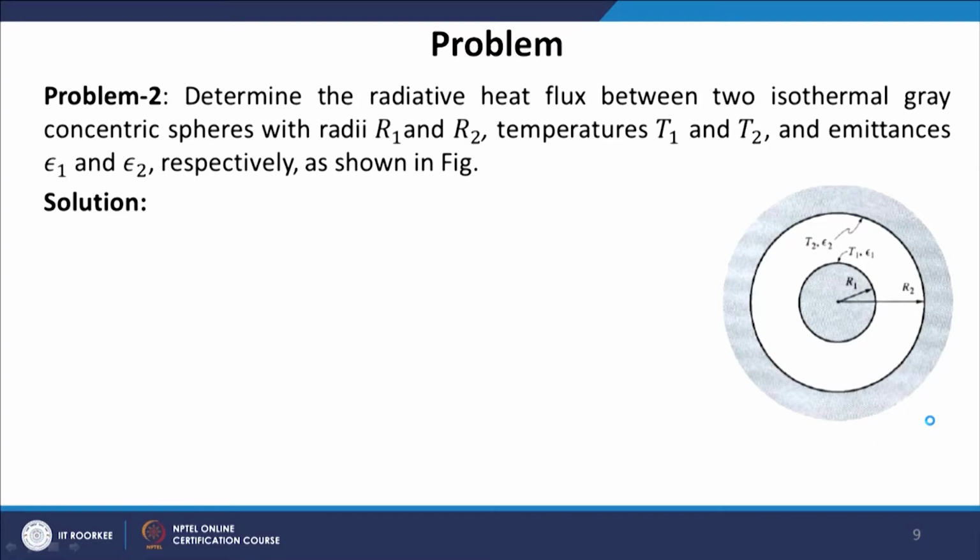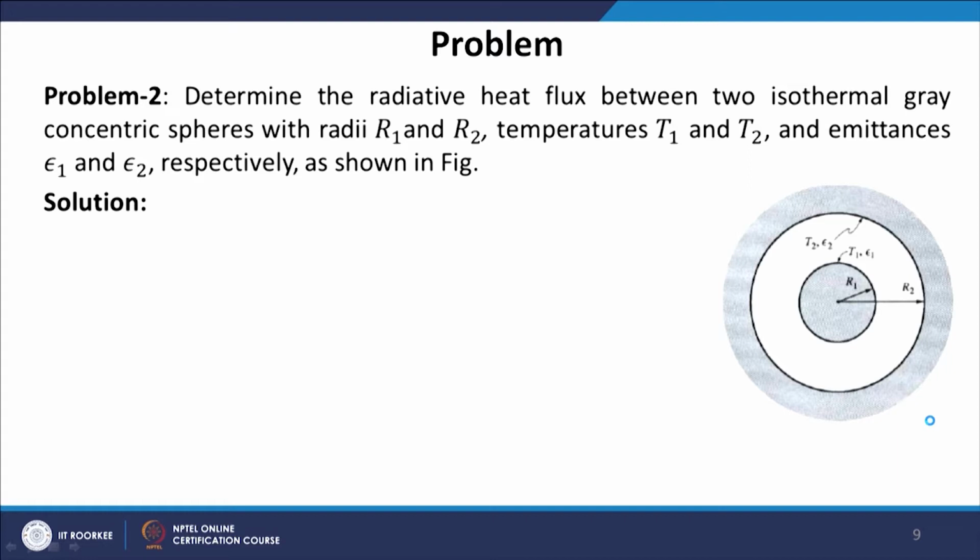So, these two equations we will use to solve for radiative heat transfer in a gray enclosure. The enclosure is divided into a finite number of surfaces, j equal to 1 to n. Okay. So, let us solve one problem. We have two isothermal gray concentric spheres.